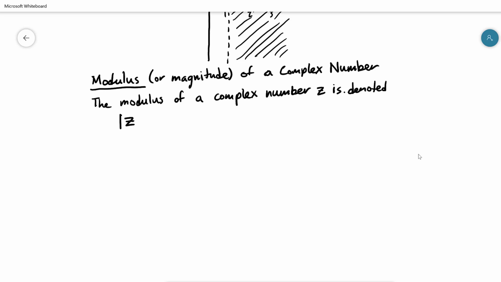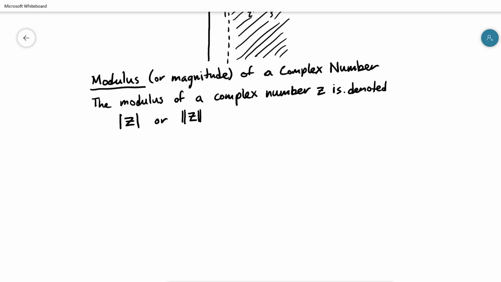Either with what appear to be absolute value symbols, or in some texts they'll use what appear to be double absolute value symbols, like double vertical lines. Both of these are used pretty interchangeably, depending on the textbook, so expect to see both of them at some point in the future, even though our textbook, I believe, just uses this first notation.